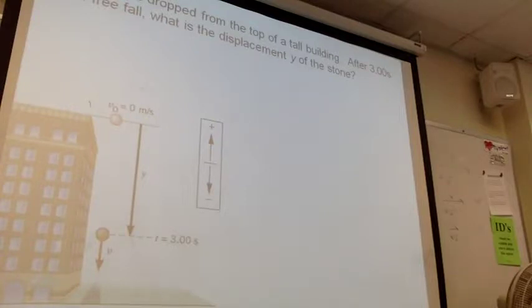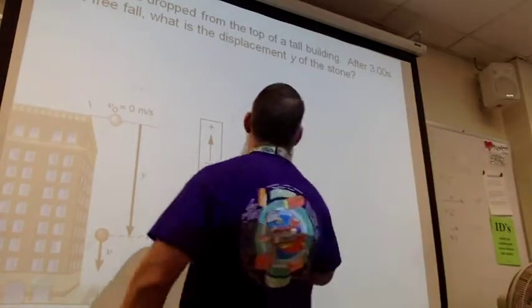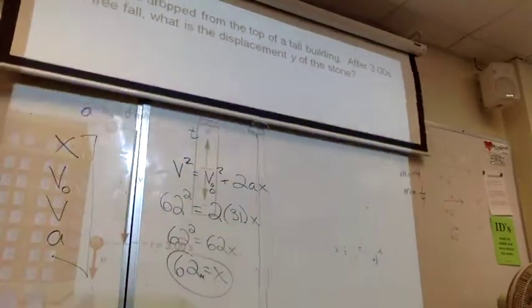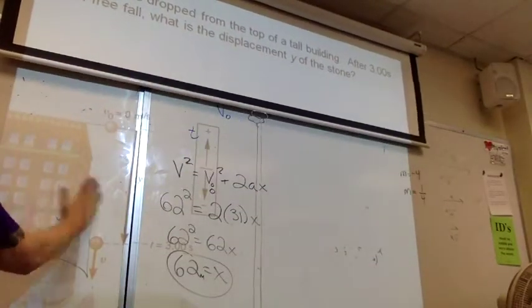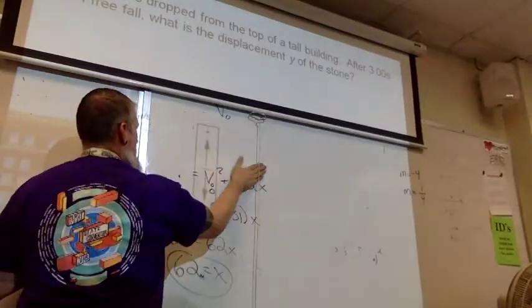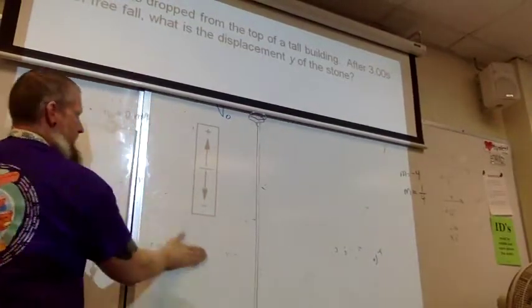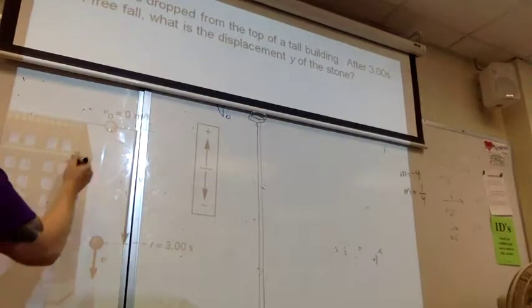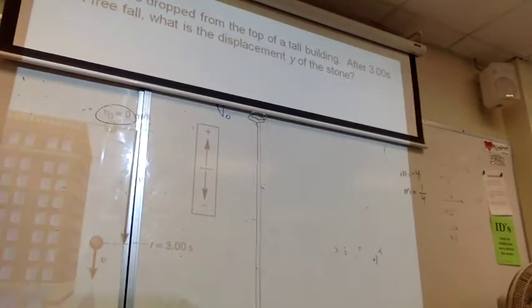Meaning the problem up there, asking for the displacement of the stone, is a kinematic equation problem because it's a constant acceleration. The constant acceleration is the acceleration due to gravity, straight down. I've got an initial velocity, because if you're dropping something, they're not going to tell you the initial velocity is 0. I know it's starting from rest in your hand.